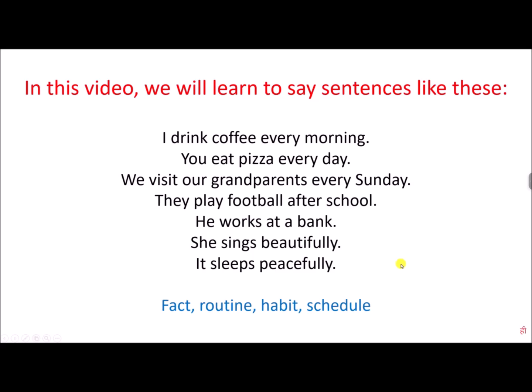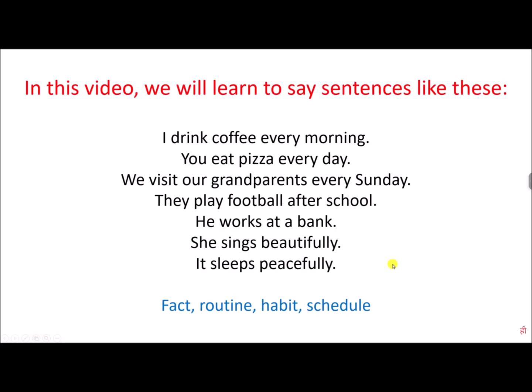Okay, in the previous video we learned to frame positive sentences. In this video we will learn to frame negative sentences, questions and negative questions of simple present tense.